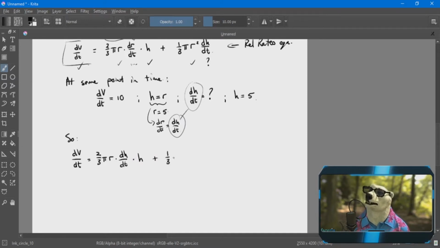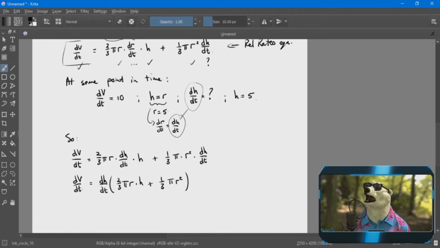Then plus 1/3 pi r squared. I'm going to have a number for that. And dh/dt is still my unknown. So now that means I want to factor out the dh/dt so that I have 2/3 pi rh plus 1/3 pi r squared equals dV/dt. So then I have to solve for dh/dt because that's my unknown.